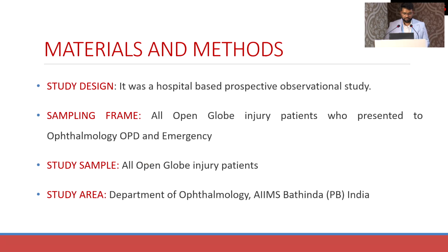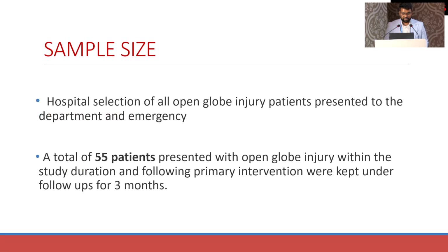It was a hospital-based prospective observational study, and all the patients of open globe injury were included, and the study sample area was Department of Ophthalmology at AIIMS Bhatinda. The sample size was based on the hospital selection of all open globe injury patients presenting to our department, and a total of 55 patients presented with open globe injury within the study duration.